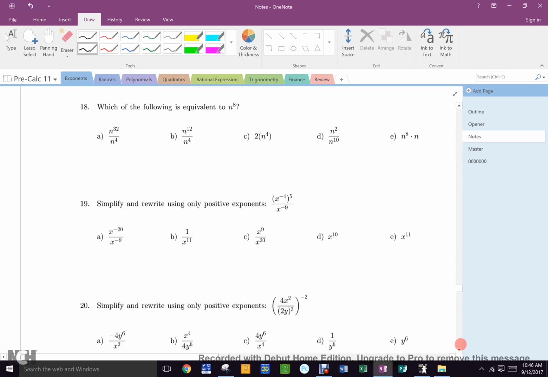It's 8 squared, 4y to the 6th. And what's 4 squared? 16. x to the 4th. Can I do anything with the exponent? 64 divided by 16 is 4 y to the 6th.